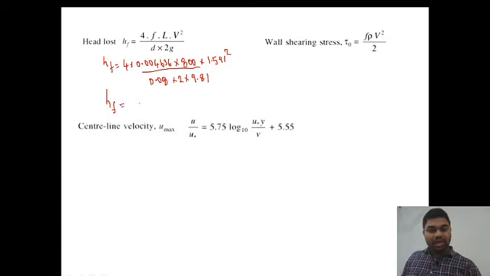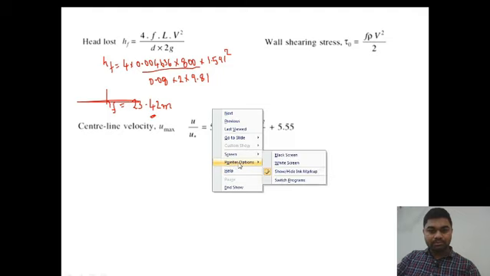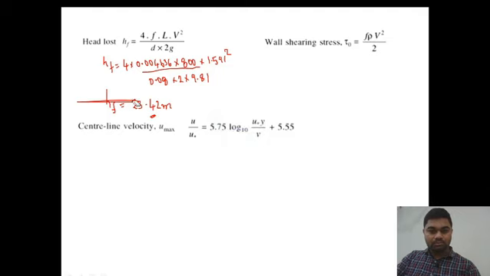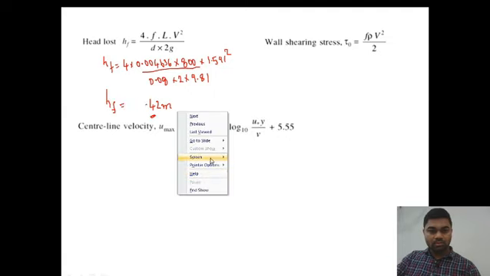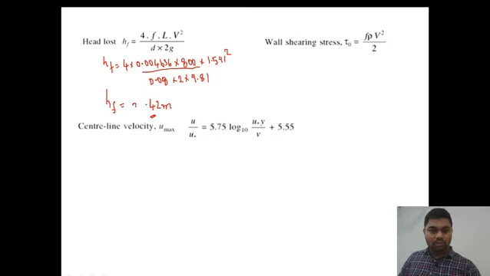On solving the above values, we will get the head loss around 23.42 meter.